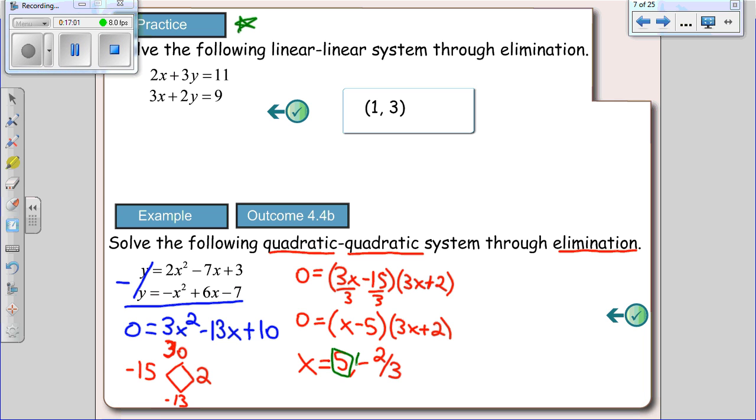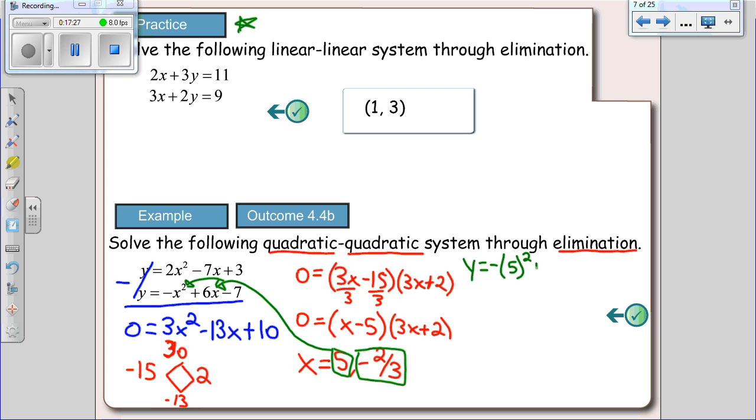I'm going to choose equation 2, so I'm going to substitute 5 into the x, and it goes to both x's. So I'm going to have y equals negative, and then in brackets we got 5 squared. Remember, anytime we're substituting, we use brackets. And then minus 7.